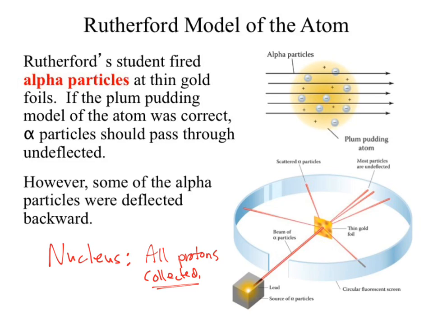Does anybody see an issue with collecting all of our positively charged species in the same location? They should all reflect off each other. Positive charges are the same. They want to repel. So while Rutherford brought forth this model, he then said, well, there has to be something else present to keep those protons stuck there.